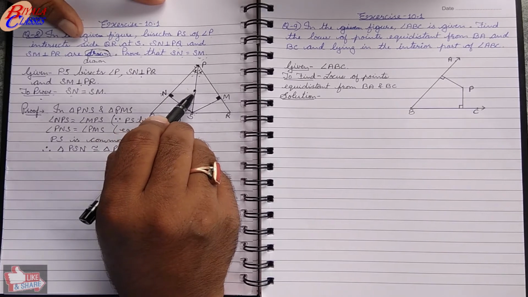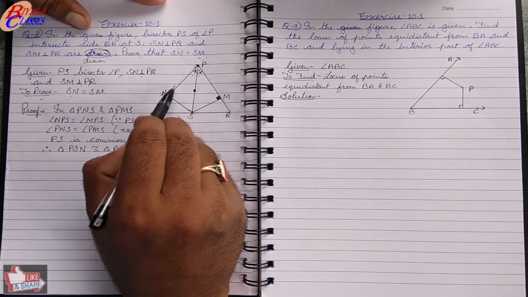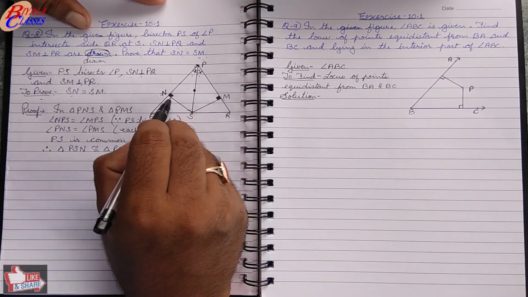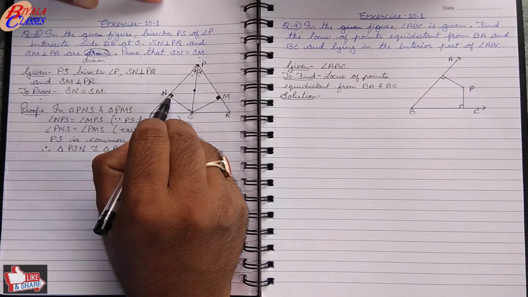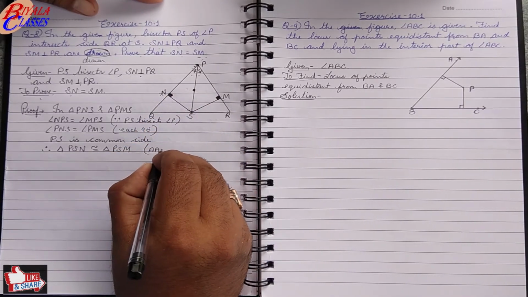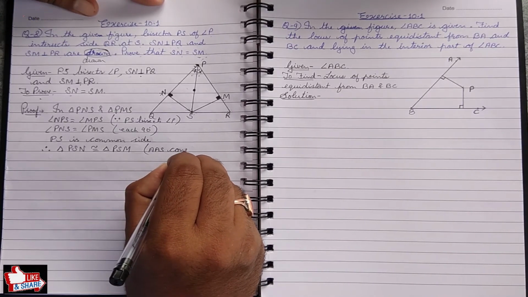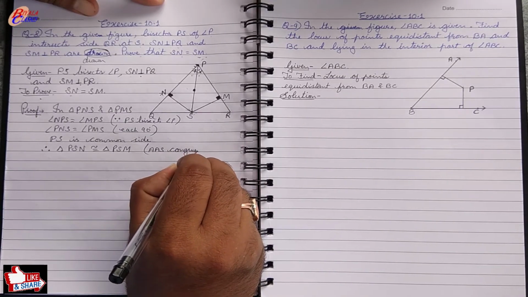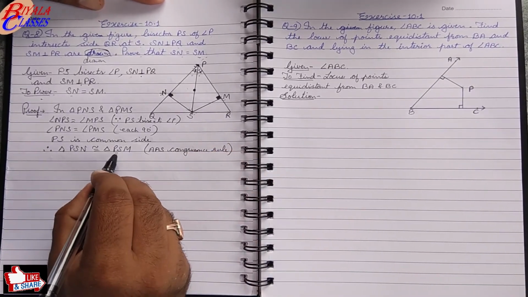So this side which is equal is not the included side. It is not the side included between the two angles. So it cannot be ASA, but it will be AAS. The extra rule which had been created, AAS congruence rule, is being applied to make the two triangles congruent.